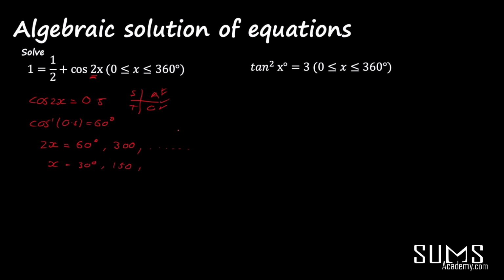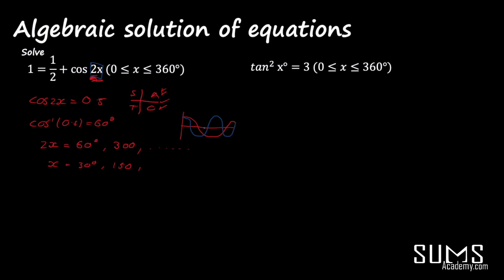And because of the 2x, the period will have gone from 360 degrees to repeating itself every 180 degrees. So imagine this graph here, where it used to go like that, right? This new line will go like this. Apologies for my drawing. So like that, and then down again, like that.